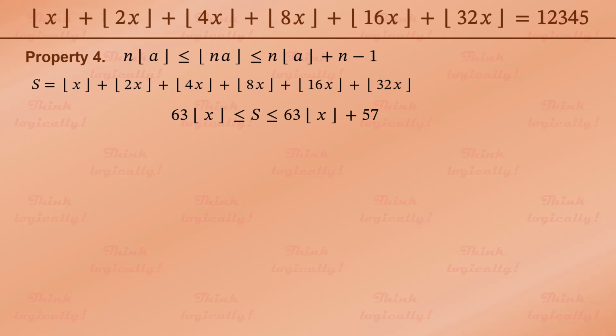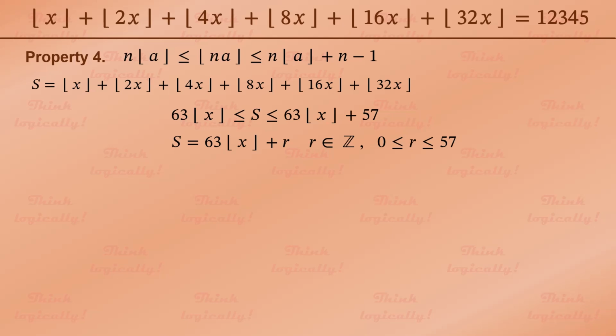This inequality may already remind you something, but in order to make it more obvious, I will rewrite it as S equals 63 times the integral part of x plus r, where r is a non-negative integer not exceeding 57.